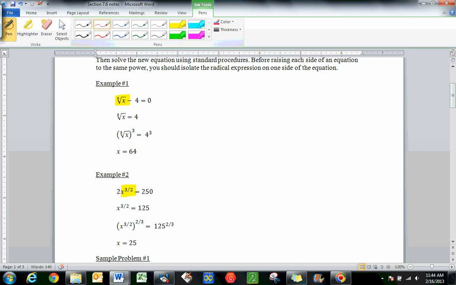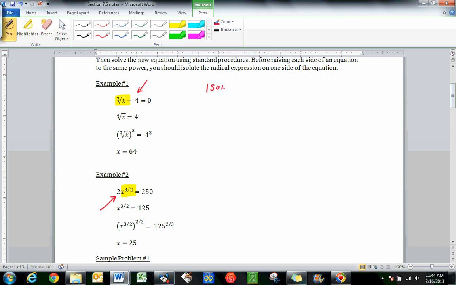In example number 2, I have a rational exponent. But in both cases, there is actually a value that is attached, either through multiplication or addition or subtraction. Just like in any other algebra problem, before we can actually use these principles that we've been teaching you to eliminate and get the variable by itself, you need to isolate those parts.